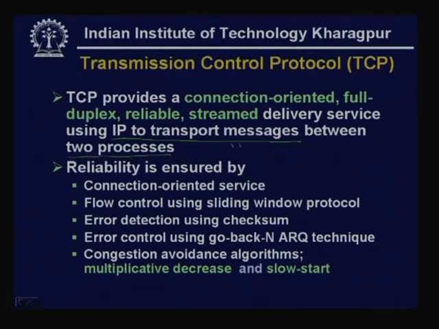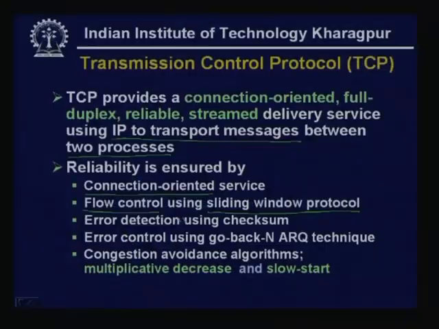In both cases IP is being used to transport messages between two hosts, and then with the help of the port address it is communicated between two processes. And the reliability is ensured because of connection oriented service, because of flow control used in TCP, and it uses the sliding window protocol, which we have already discussed in detail.